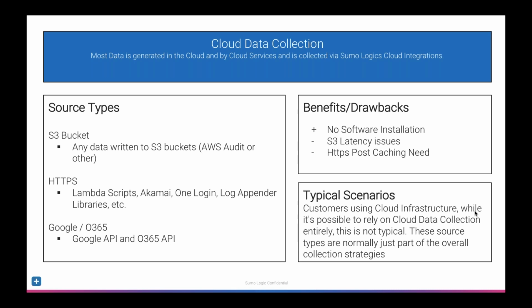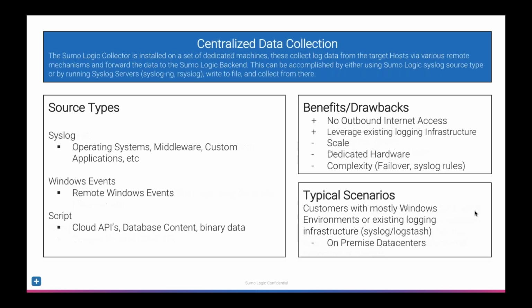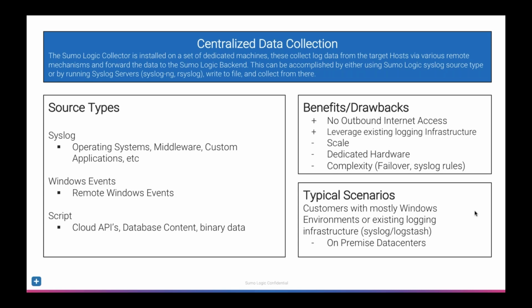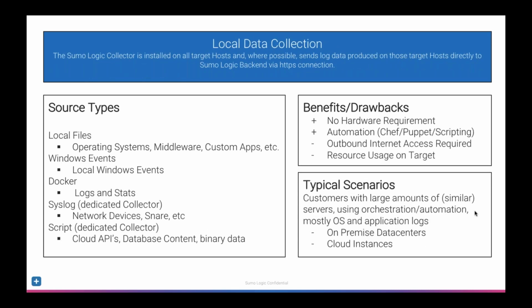Even though I talked about cloud, centralized, and local data collection and their benefits, what we see at most customers is a mix of two or three of these, mainly because of what their sources look like. They might have some sources where they can do cloud-to-cloud collection, but they have a lot of sources that will need some sort of centralized or local data collection.